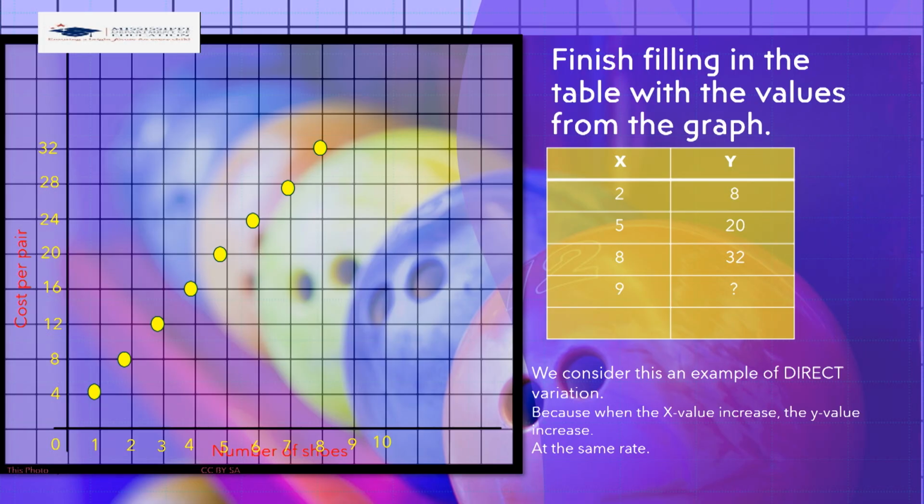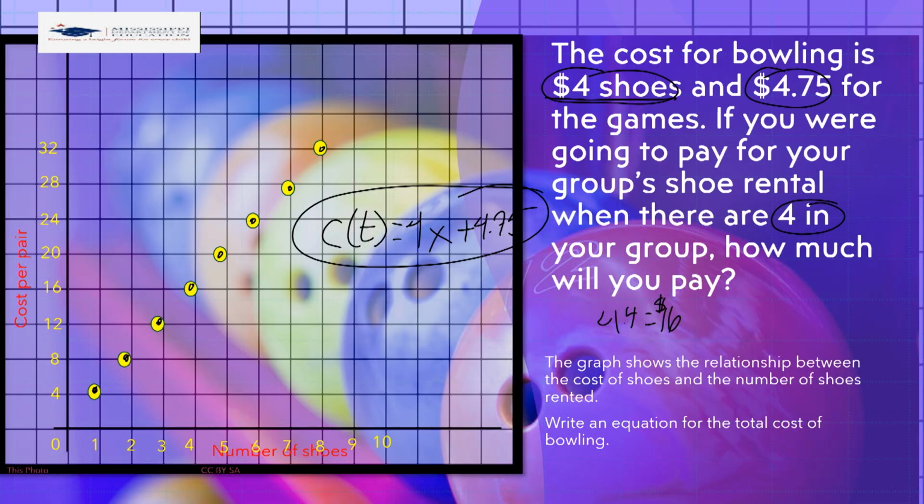So if I was looking for my 9 pair of shoes, it would be right here. I would go up 4 more and over, and that would be 36. So for 9 pair of shoes, it would cost me $36.